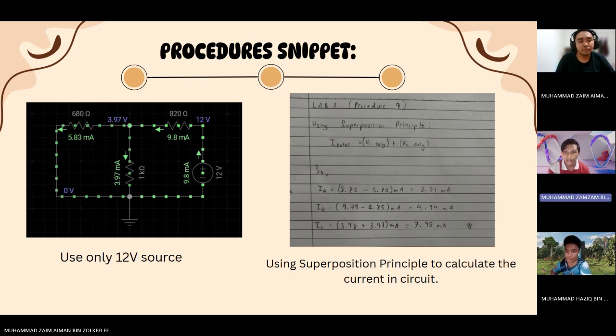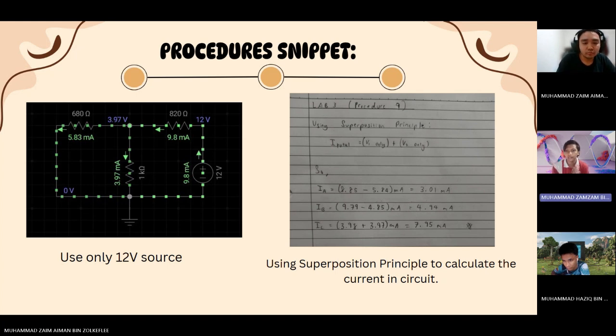On the right, I explain how I use the superposition principle to calculate the current in the circuit. This procedure is used to check whether I should get the same value as on the full circuit when I'm using only a single power source.